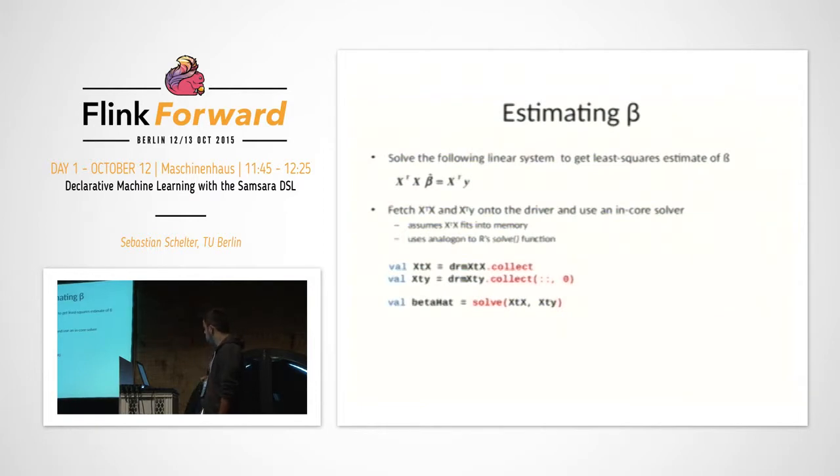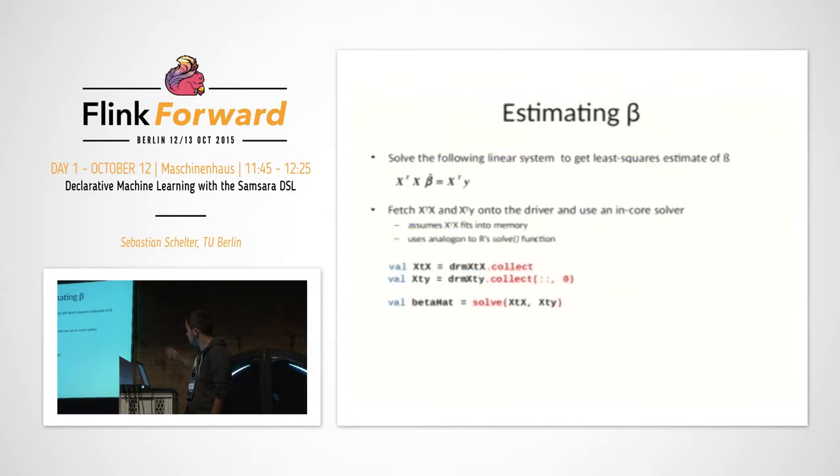So in code, that boils down to just these 3 lines. So we call collect on this drmxtx. That means fetch the matrix from the cluster into the memory of the driver. And we also call collect on the result of drmxty. And we give it a parameter that we just want 1 column vector so that the system knows that xty is actually a vector.